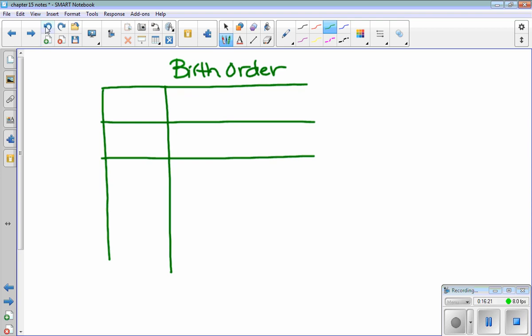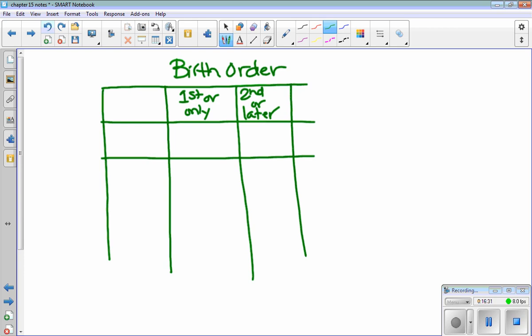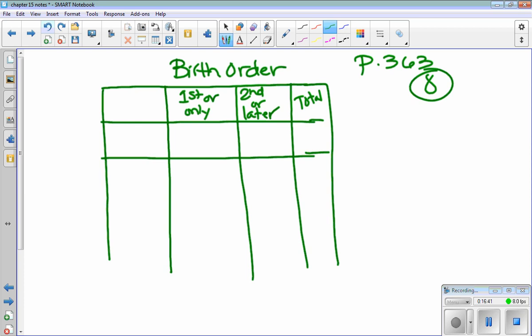First four only. And then we have second or later. I'm just recreating the chart on page 360. All right, over here we have arts and sciences. And then we have agriculture.